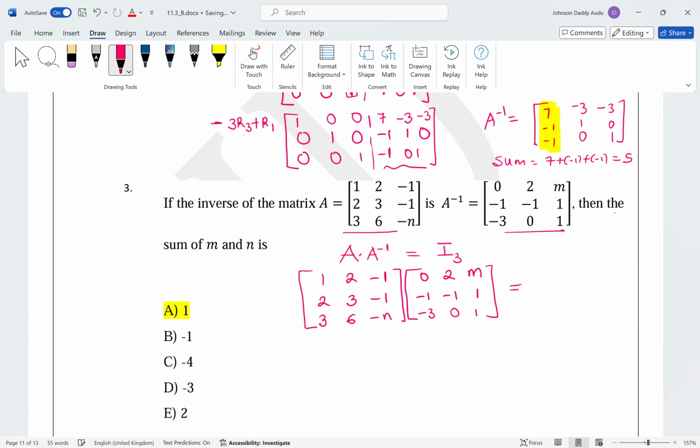This is nothing but 1, 0, 0, 0, 1, 0, 0, 0, 1.